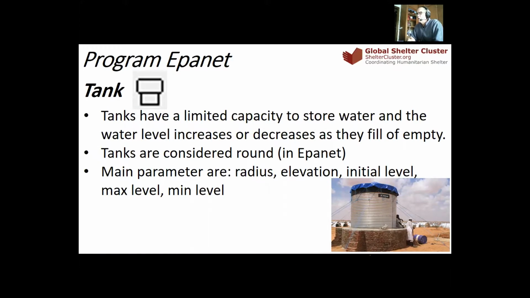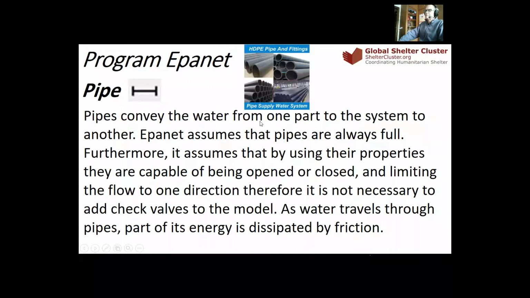So you have to calculate back the size or the volume of the tank into a round tank. Once you have the volume, it is easy to go back to the round tank because the parameters that are used are the radius, elevation, initial level, maximum level and minimum level. A tank can overflow or can be empty. If it overflows or it is empty, EPANET will give you an error because we're not supposed to overflow tanks or to keep tanks empty.